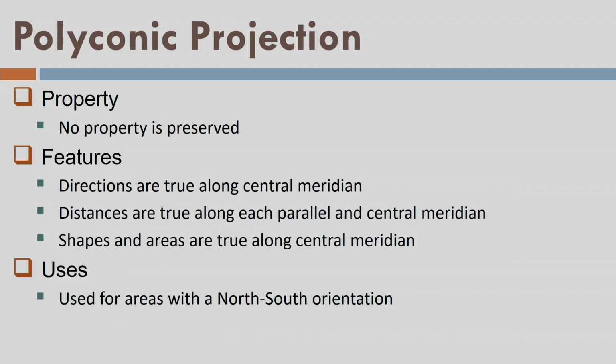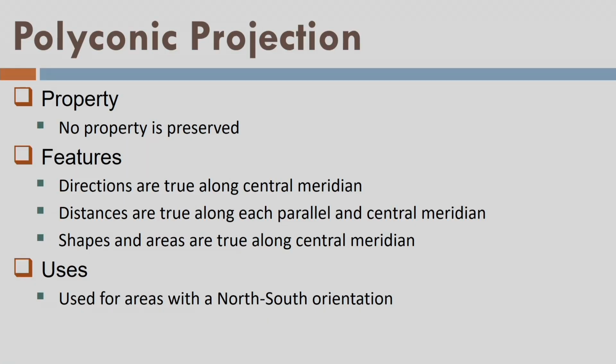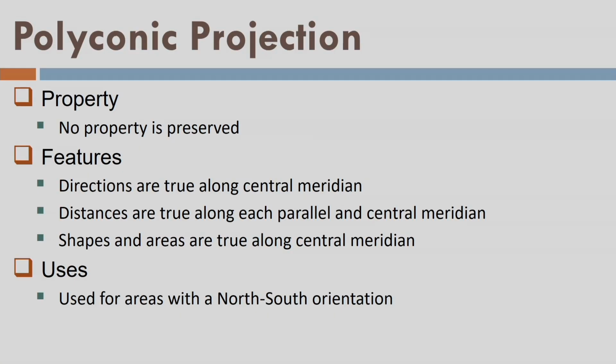Whatever mathematics we do with this projection system, we cannot preserve any property here, but still we get some features: directions are true along the central meridian, as we have seen that along the central meridian distortions are minimum. Distances are true along each parallel and the central meridian. Well, still I am getting some things very correct. Shapes and areas are true along the central meridian.